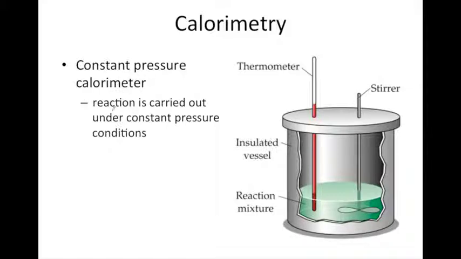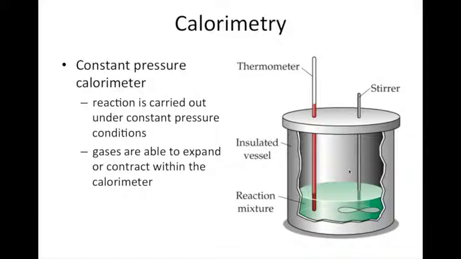The reaction being studied, the system, is carried out under constant pressure conditions. Here we have a representation of a constant pressure calorimeter. In this reaction, if gases are generated, the gases can expand or contract.